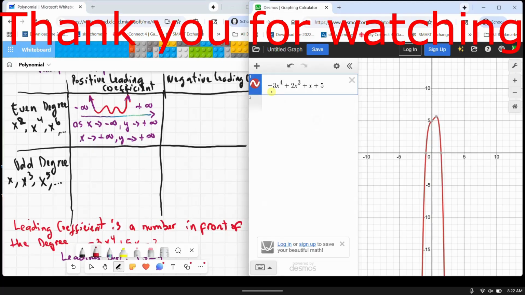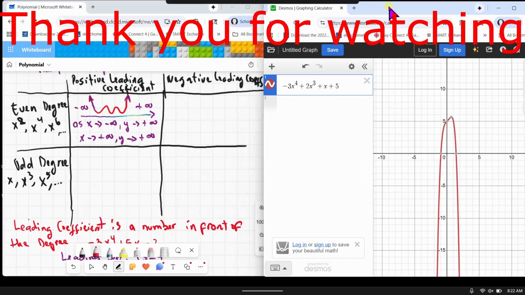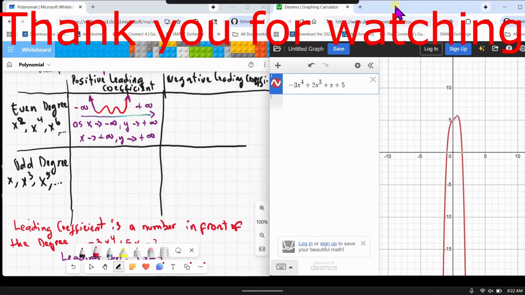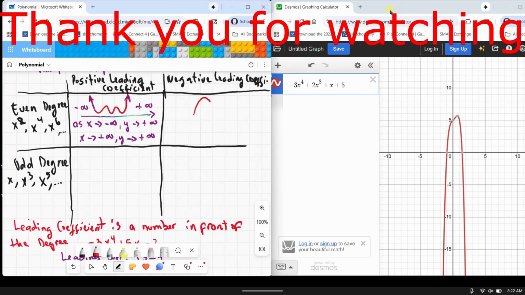The graph will not look like this. It's facing down. Then we would have the end behavior when x goes to negative infinity, the function also goes to negative infinity because it's going down.